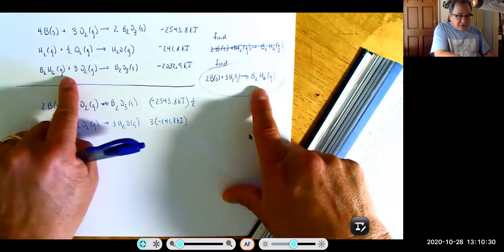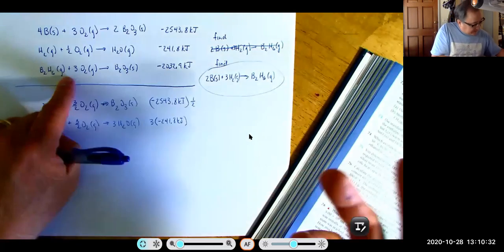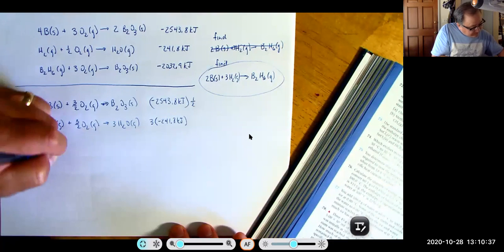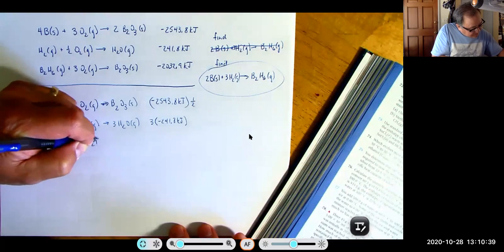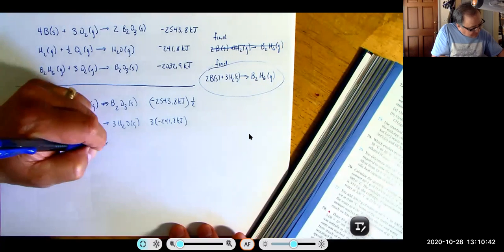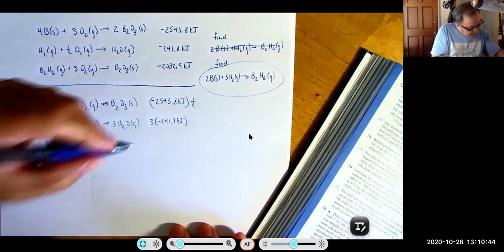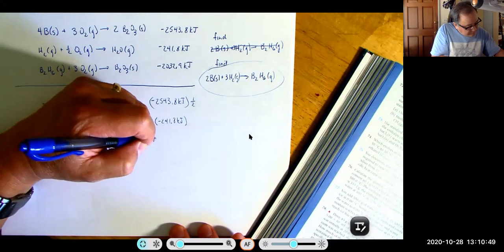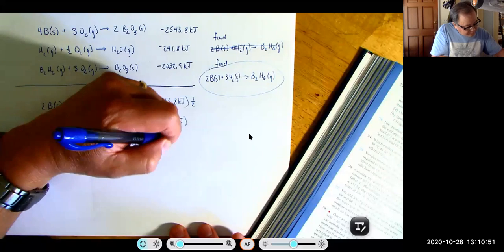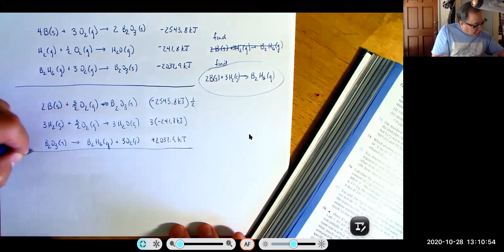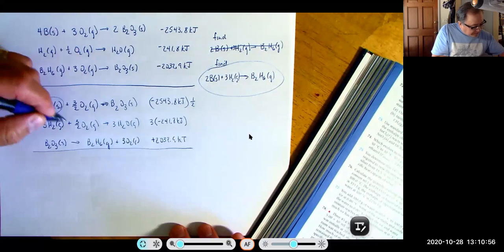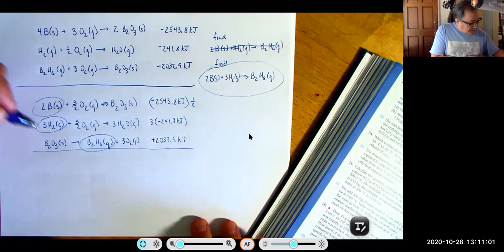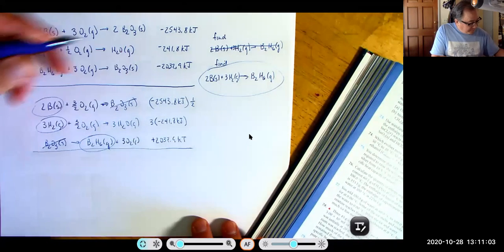So I'm going to take this equation and reverse it. Now, this is hopefully what we're going to keep out of all of this, and hopefully everything else goes away. So let's find out. So the B2O3 go away.